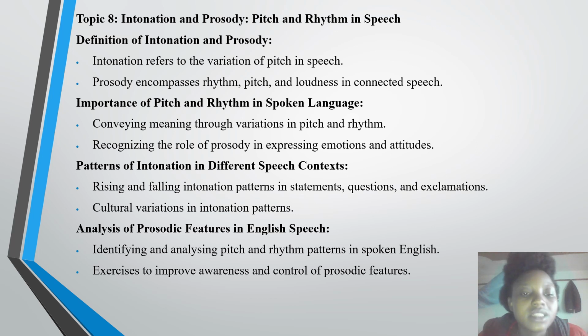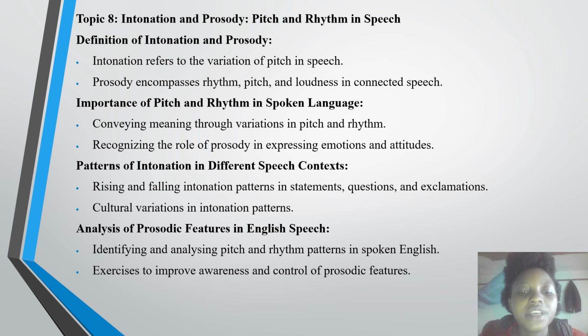It recognizes the role of prosody in expressing emotions and attitudes. Patterns of intonation in different speech contexts. We have the rising and falling intonation patterns in statements, questions, and exclamations. We have cultural variations in intonation patterns.